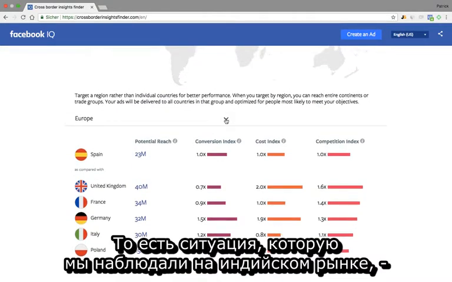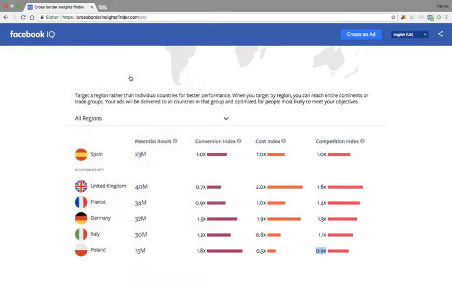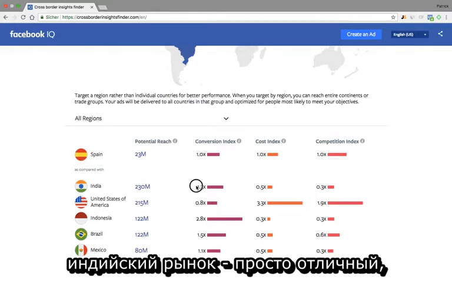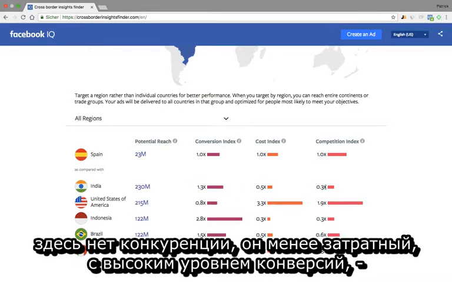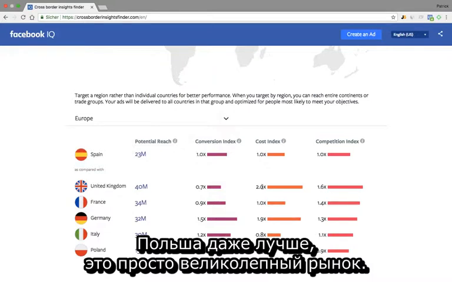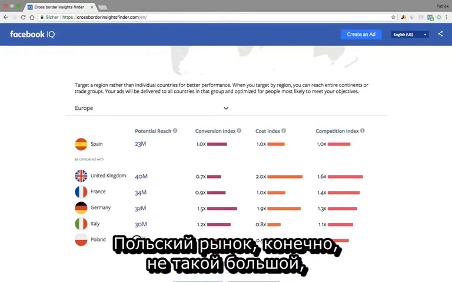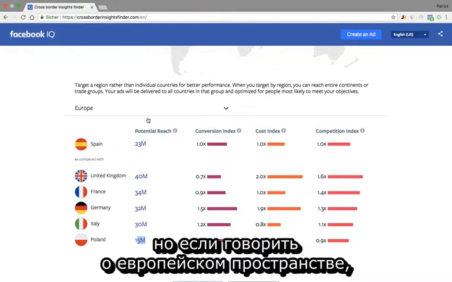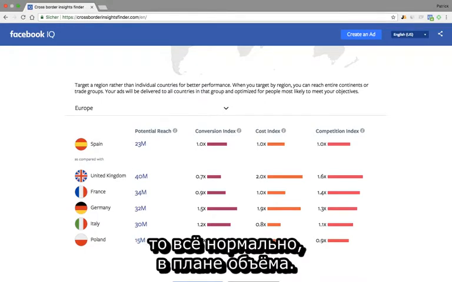So just as we have seen with the Indian market, it is a very cool market. You don't have a lot of competition, it's pretty cheap there, and people convert. Poland is even better. Poland is a great market. Poland is not as big, of course, but if you are talking about European dimensions, it's okay from the size.